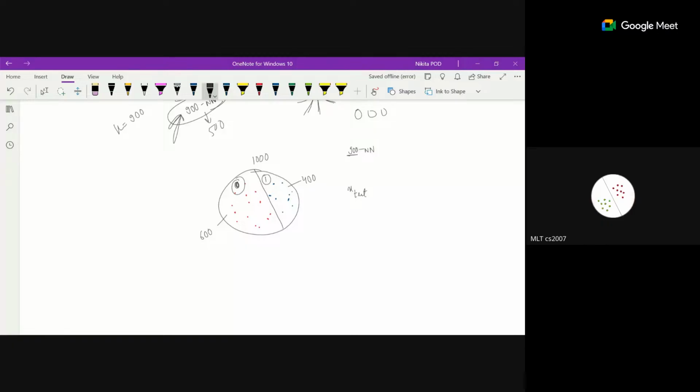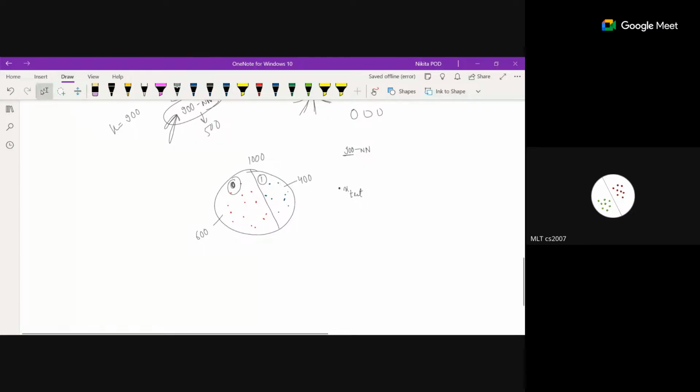So if I have to predict the label for my X test using this algorithm, what am I going to do? I am going to look at the distance of X test with all the data points, the closest ones, and whichever 900 are closest, I'm going to assign that label to this point.